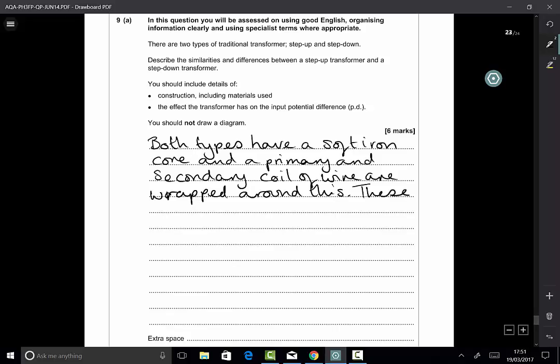These coils of wire are insulated with a plastic coating.